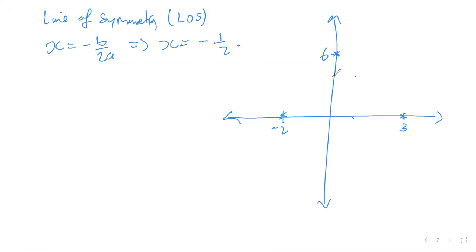23/4 is there, a half is here. So turning point is somewhere there. And our function having a negative a value means it's turning like that. It turns this way.